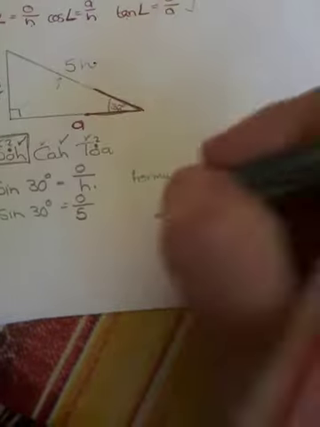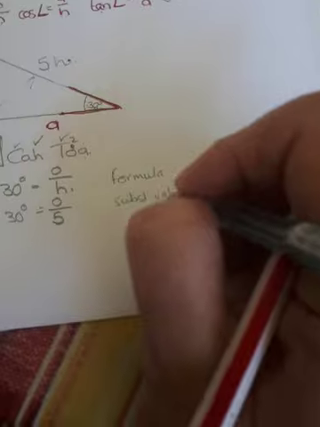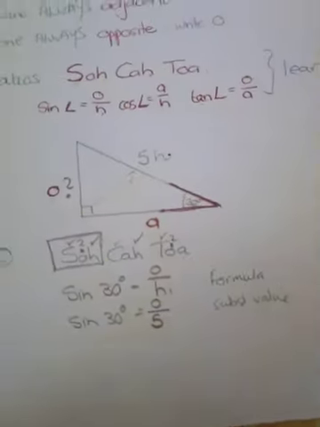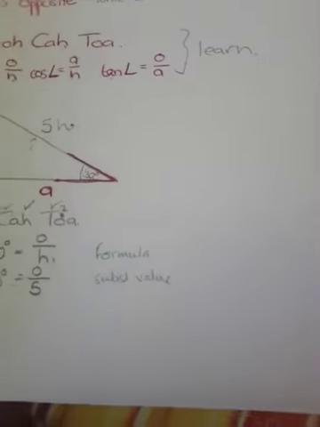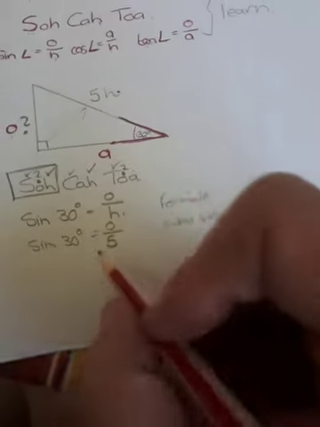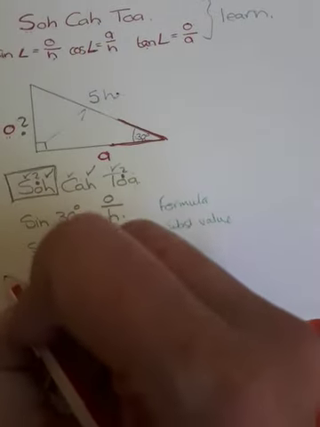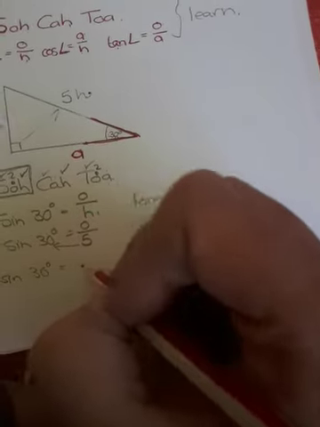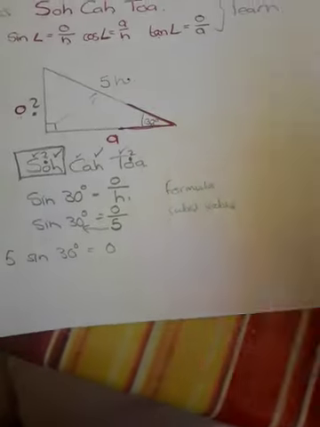Remember, when we work a formula, in the next step we always substitute values. Then if we go on, we now have to take that 5 over, so now it is 5 sin 30 degrees equals O.